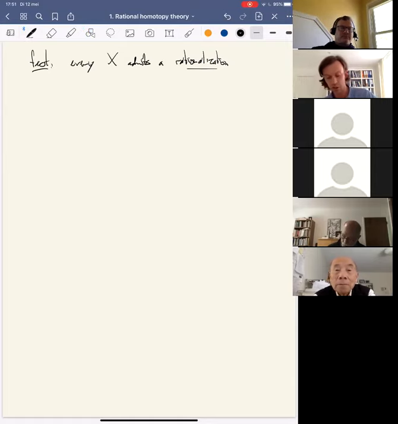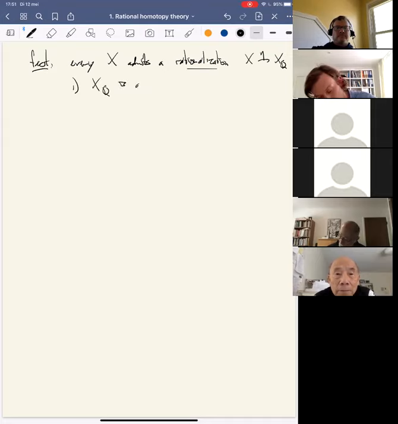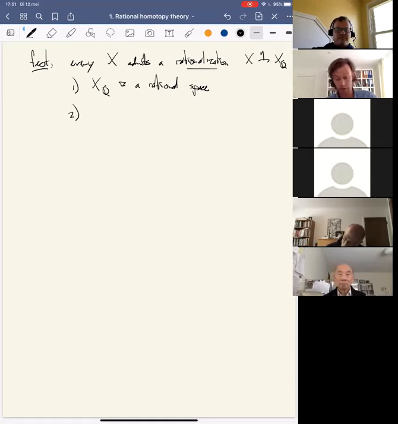So rationalization is a map from X, we call the map eta, into another space X_Q, which satisfies the following: namely, this X_Q is a rational space, and the second fact is this eta is a rational equivalence.